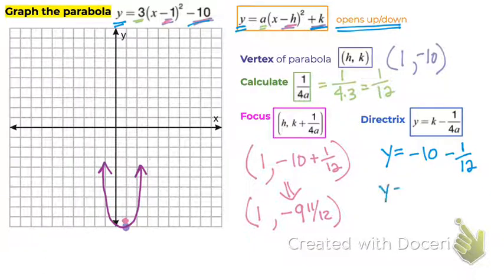So y equals negative 10 minus 1/12, which is negative 10 and 1/12, which is a little bit over 10. So our directrix is right here, super close to the vertex as well. And that is the graph of that parabola.